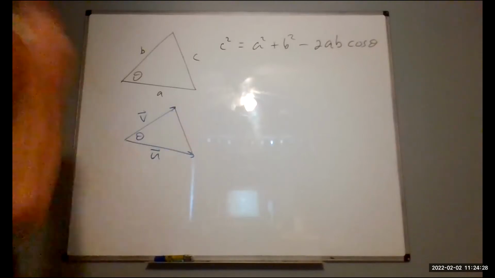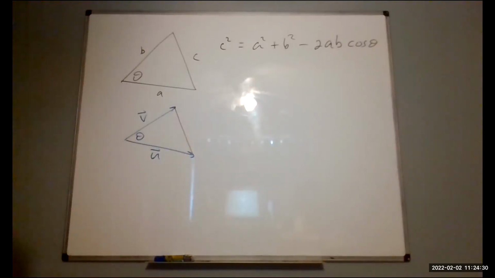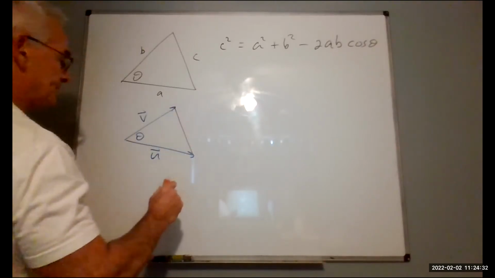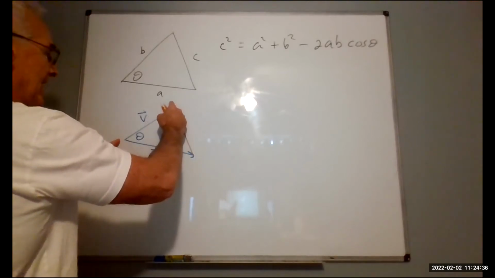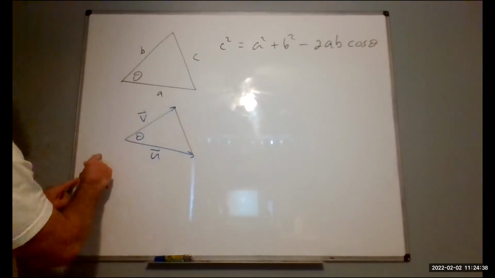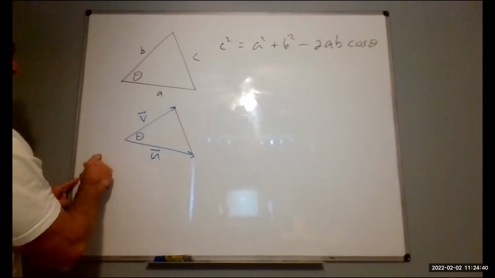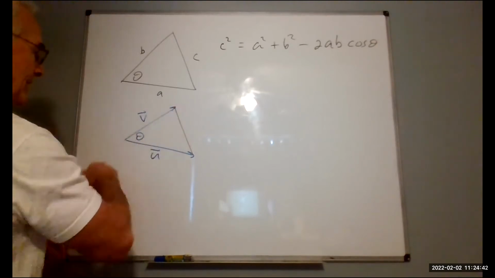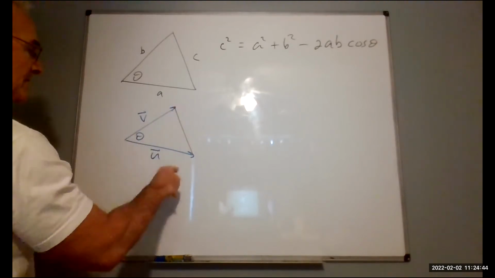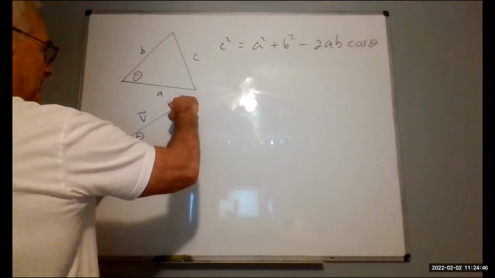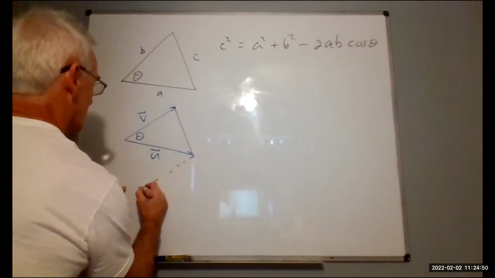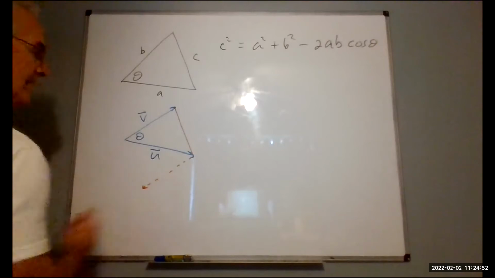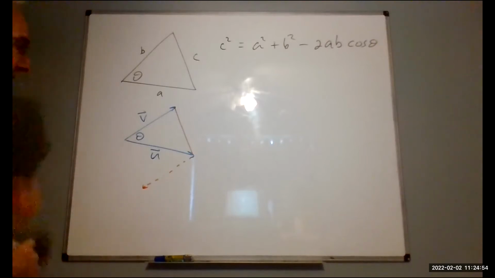Now, here's what I'd like to do. I would like to take the vector v and turn it around. If I took the vector v and turned it around, and then added it to the end of vector u, so let me pick up vector v, turn it around, and add it to vector u.